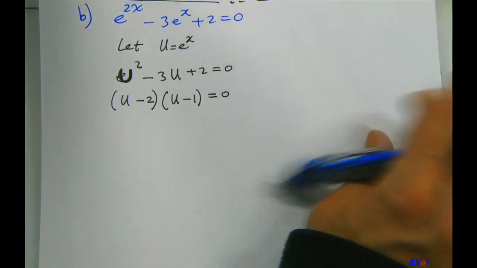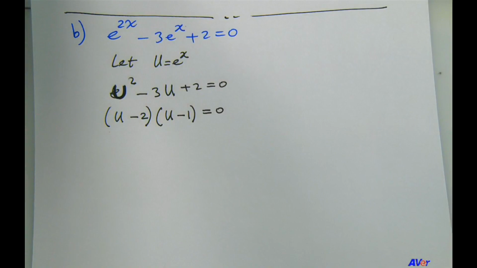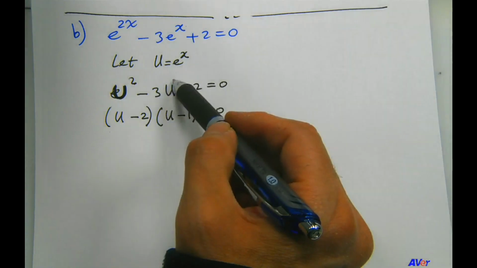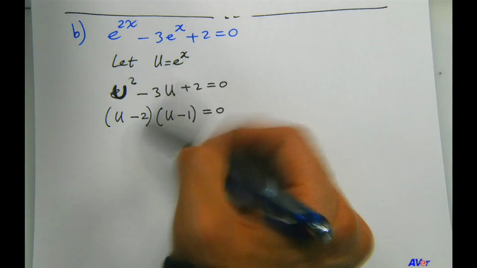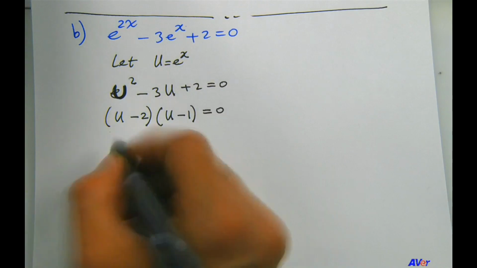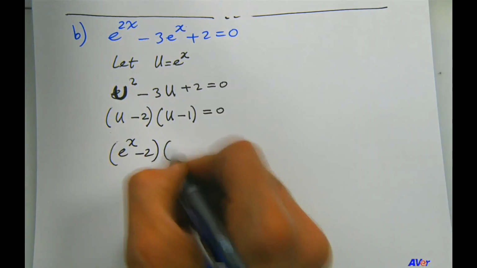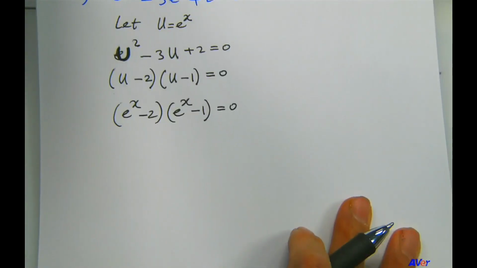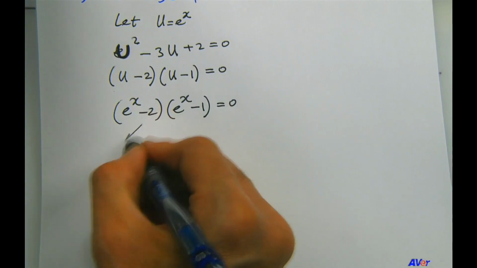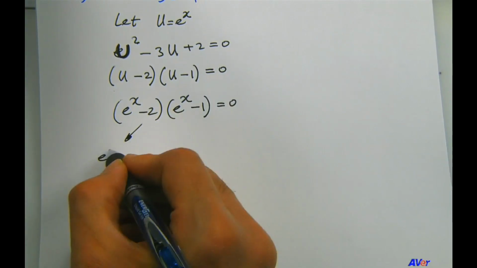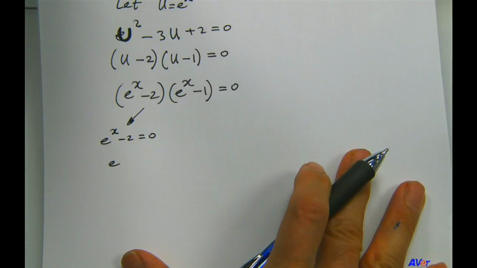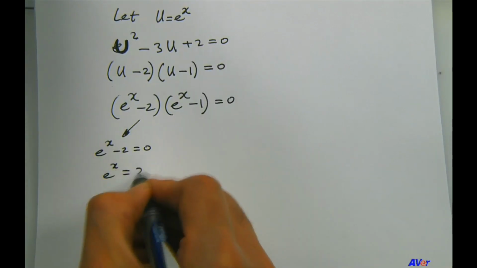Now that we factored this, because our objective is to solve for x, we can go back and substitute e to the x for u. So e to the x minus 2 times e to the x minus 1 equals 0. From this one, if e to the x minus 2 is 0, then e to the x must be equal to 2.